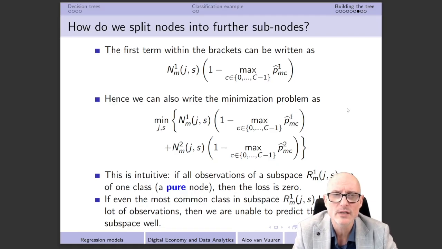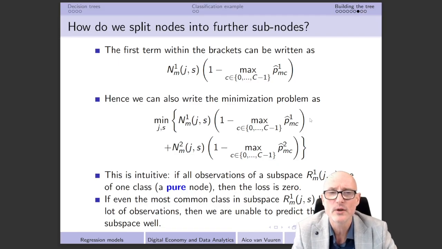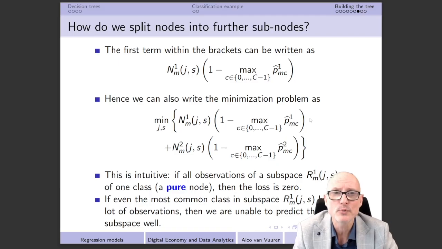That means the maximum over all the different P1 hat MCs is simply equal to 1. So we get 1 minus 1, which is equal to 0, which means that this whole term is going to cancel out. That helps, of course, when we do minimizations.